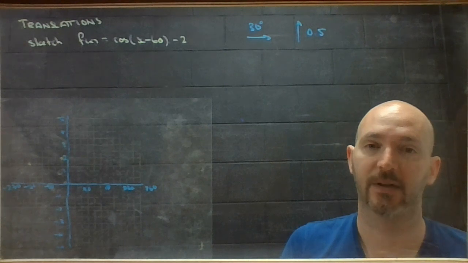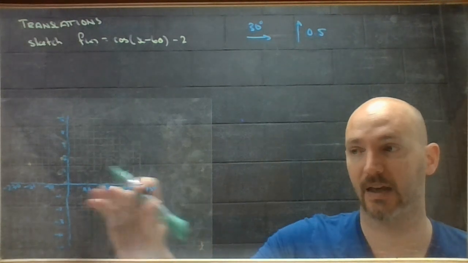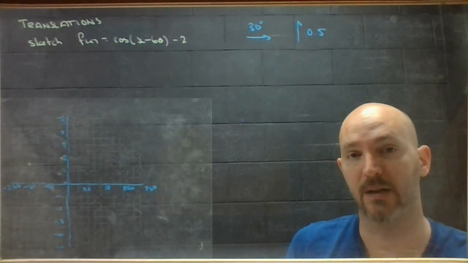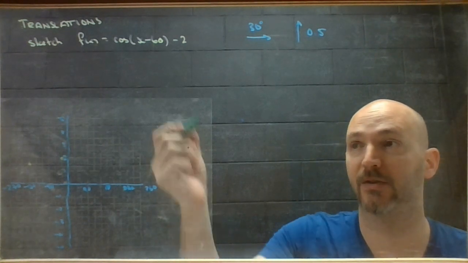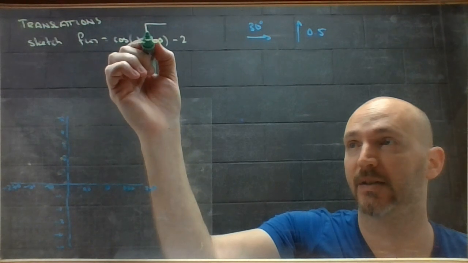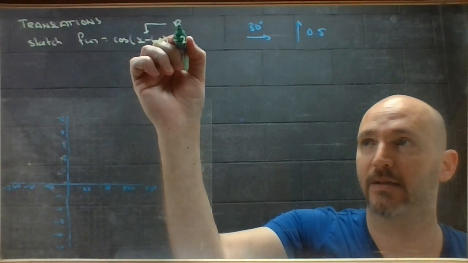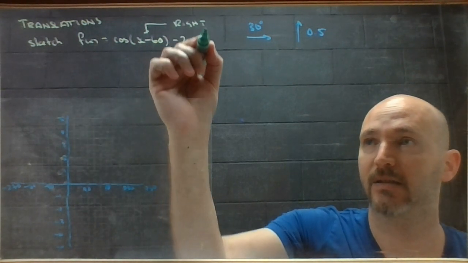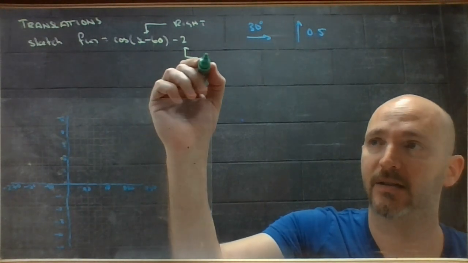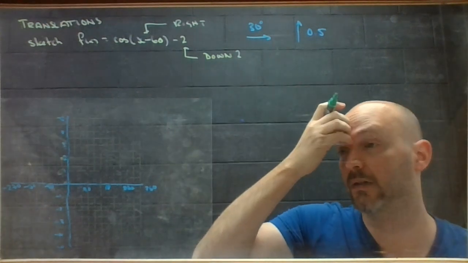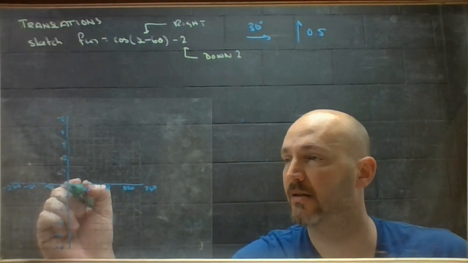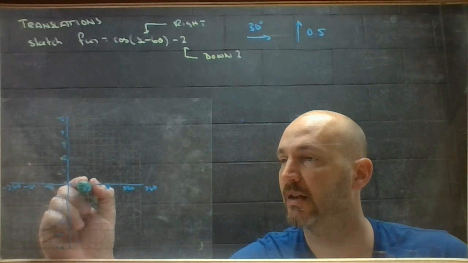So now that my grid is established with a scale that will actually let me see the whole shape here, I'm just translating like I have every other function. That right there is telling me to go right 60 degrees. And that there is telling me to shift it down 2. So 60 degrees, 30, 60 would be right here.